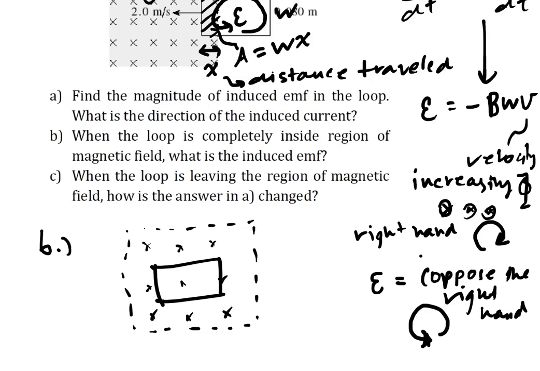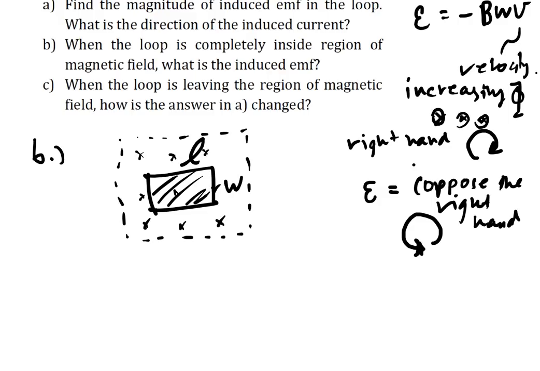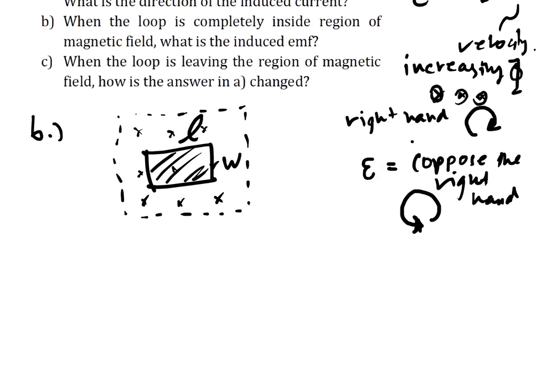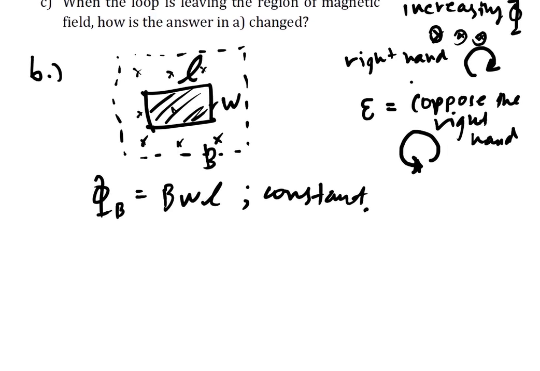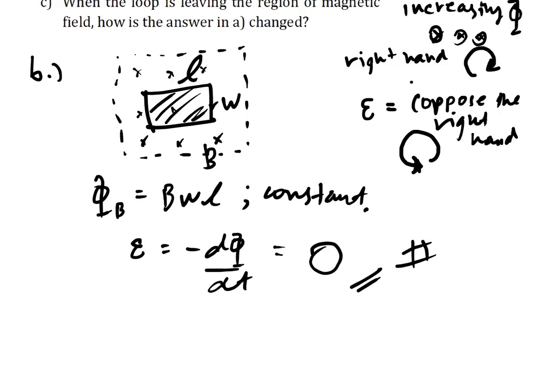Then when your loop is completely inside, and you have the loop of the size L times W, and with the magnetic field B, the magnetic flux will be BWL, which is a constant. So when you have a constant, you find the induced EMF by d phi by dt. So you differentiate the constant, you get 0. Okay? So in part B, the answer you get is 0.